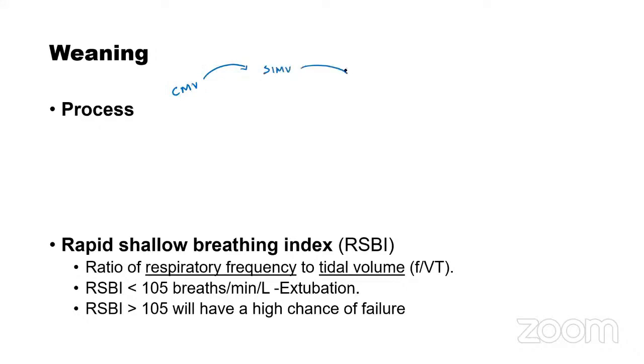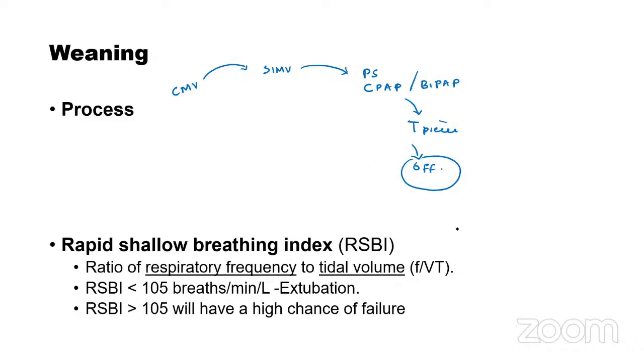Then you give some pressure support or CPAP or BiPAP, and then get the patient onto TPs and then off the ventilator. This is probably one of the most commonly used ways.